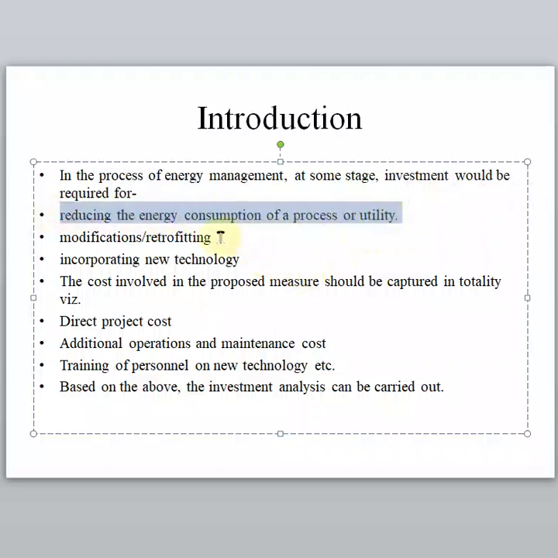If you want to reduce the consumption of a process, you require some material or some alternative devices, and for that investment is required, because money is required to purchase the thing. Then investment is required for modifications in the plant, also for retrofitting.